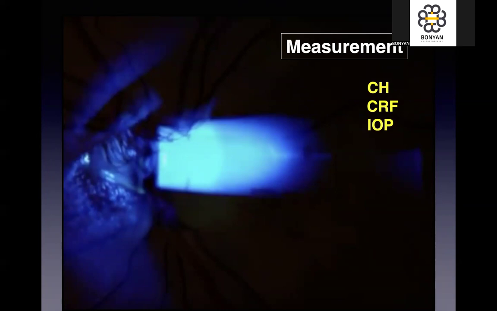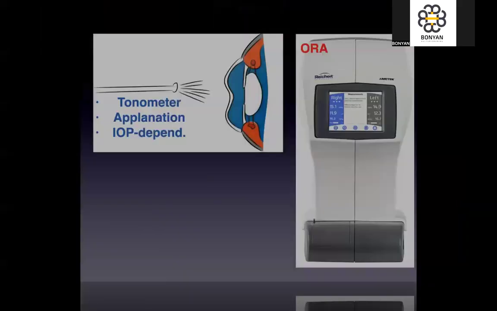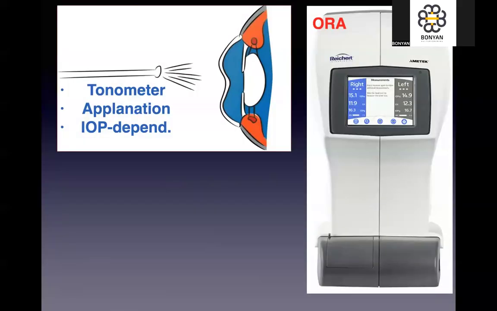So according to the elasticity and the corneal resistance, the IOP will be either normal, higher than normal, or lower than normal. And this is the applanation, and this is the other means of IOP measurement, which is the air puff, where the jet of air leads to indentation of the cornea.